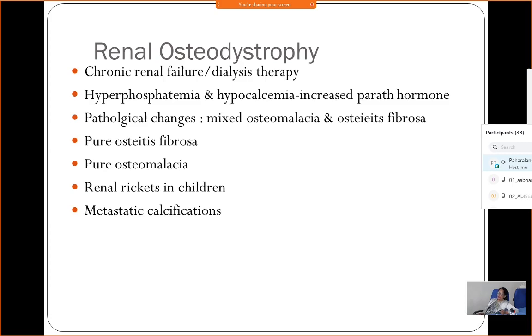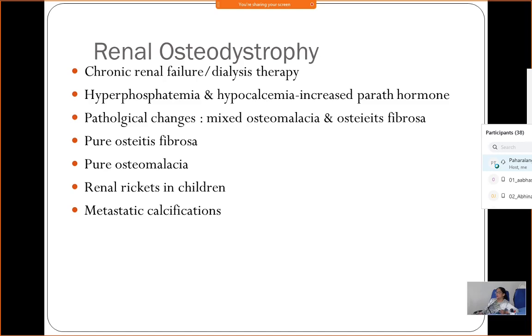So the calcium level reduces and the phosphate level increases, and whenever the calcium level is reduced, there is stimulation of the parathyroid gland to produce parathormone, because the function of parathormone is to make sure there is enough calcium in the blood. That leads to bone resorption, because one of the sources of calcium is the bone.